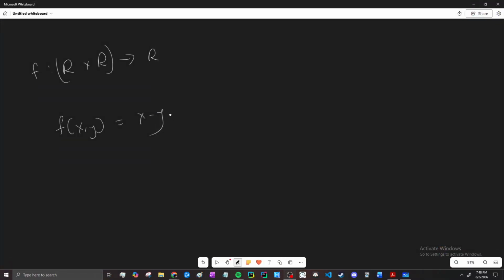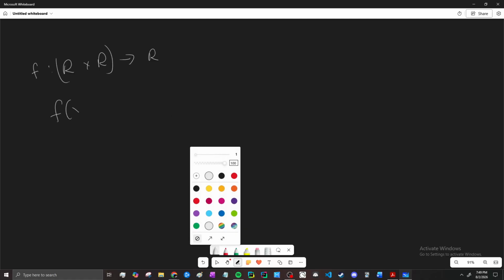And remember, to prove it's onto, let's set this equal to b. So this would be b equals x minus y. Now, we know f(x,y) is equal to x minus y.